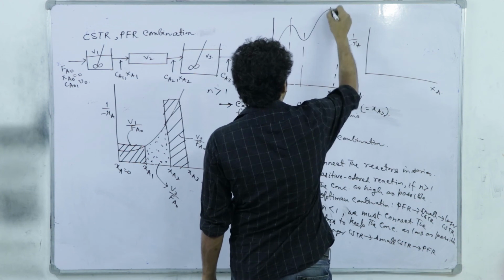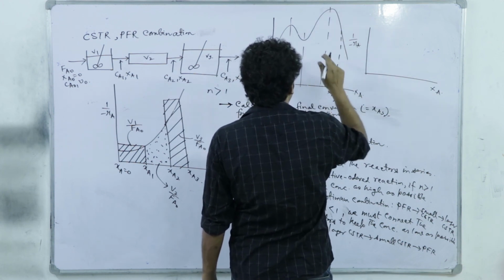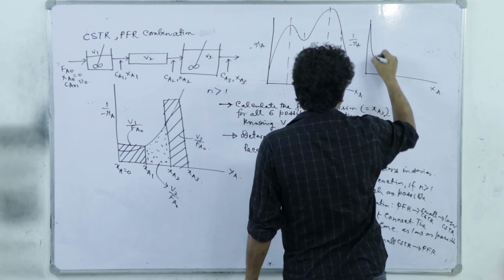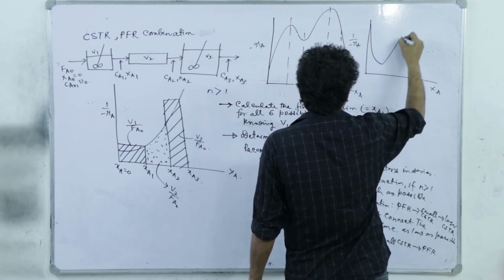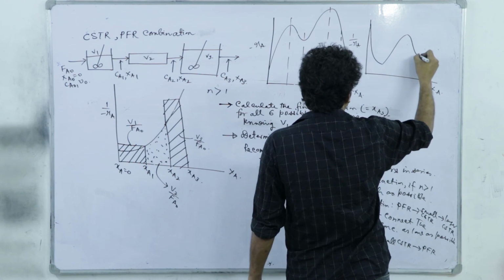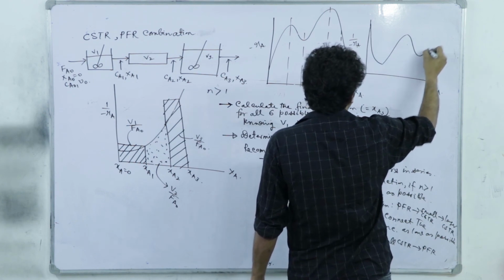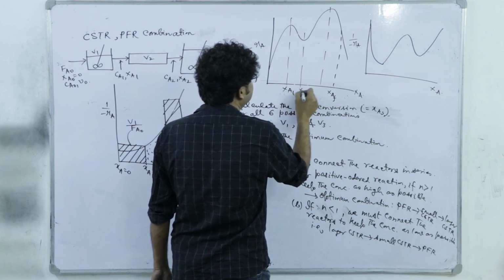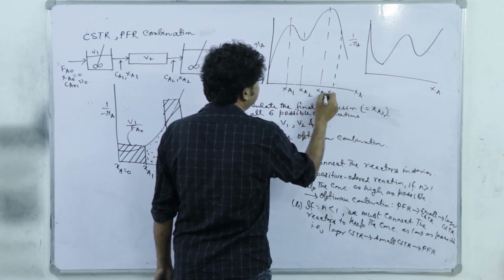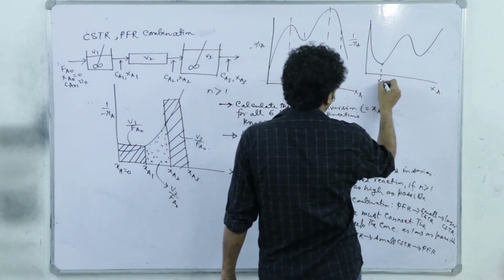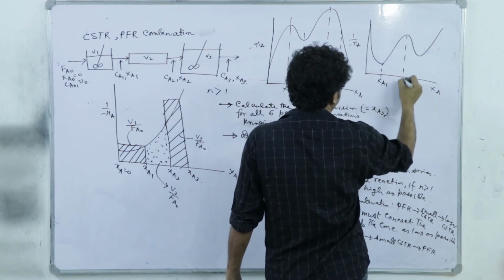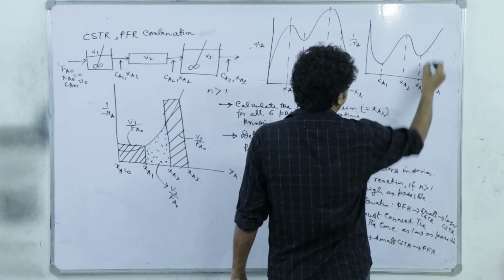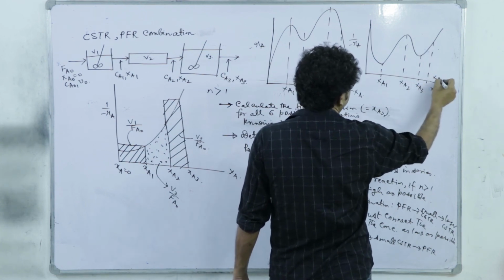So there is a maxima, minima, maxima. So the curve will be: this maxima will be this, the minima will be this, and a maxima will be this, and minima. So if this is XA1, this is XA2, this is XA3, we have here XA1, here XA2, here XA3, and finally this is XAF.